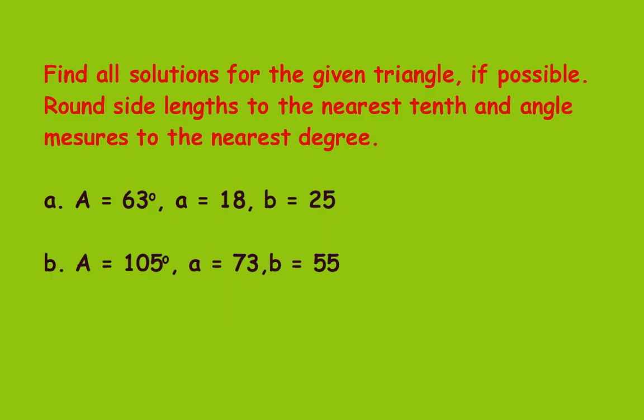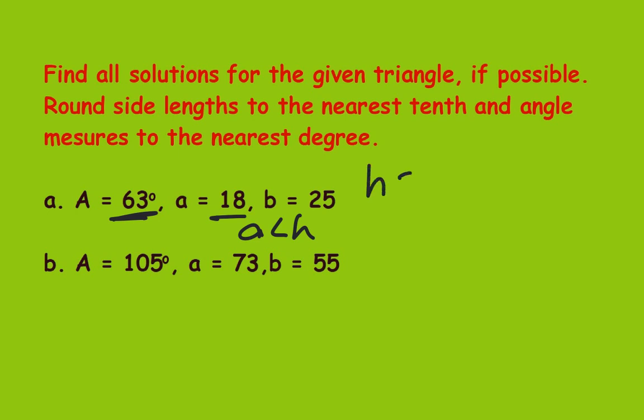Okay, so let's look at these scenarios. So for the first one, angle A, that is acute. So we could have one, no, or two solutions. So we need to figure out what H is. So first of all, here's A, and A is less than B. So we have possibility still going on.